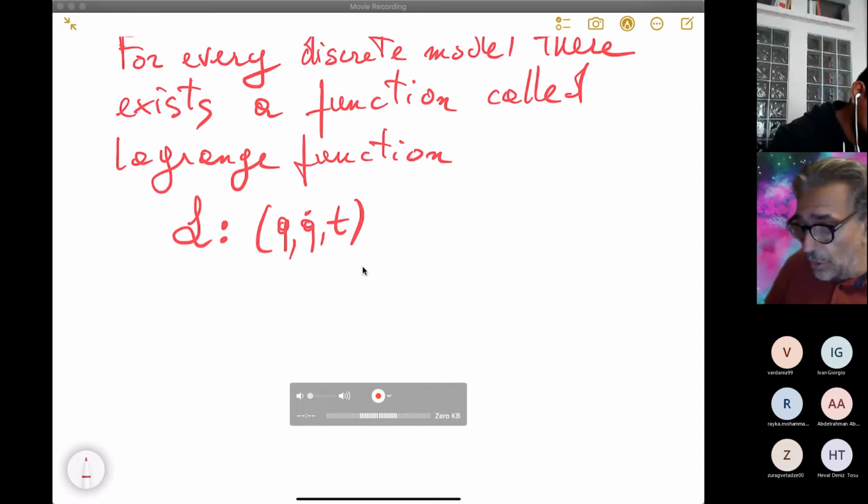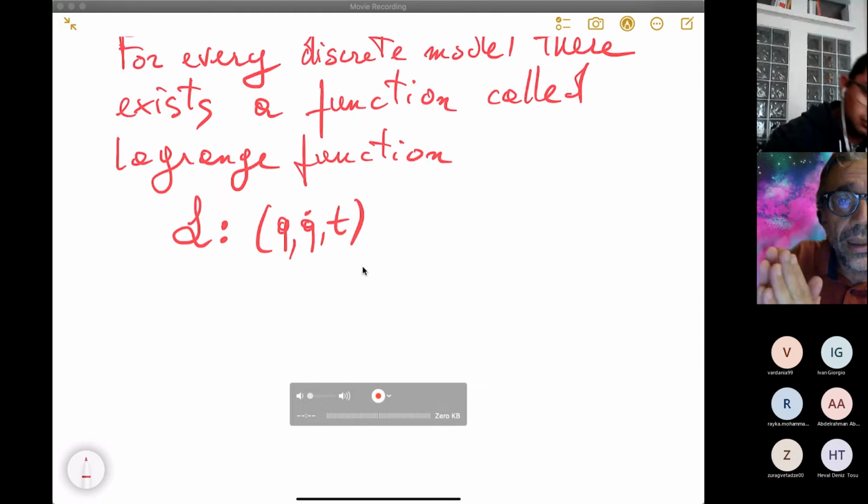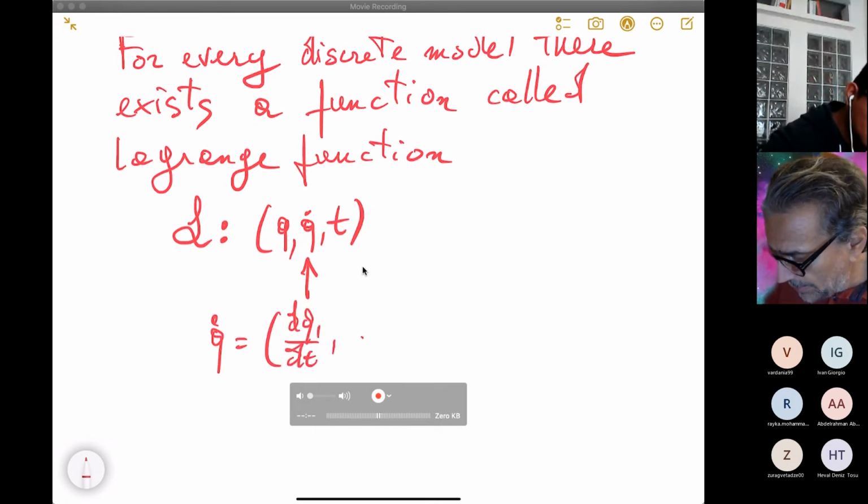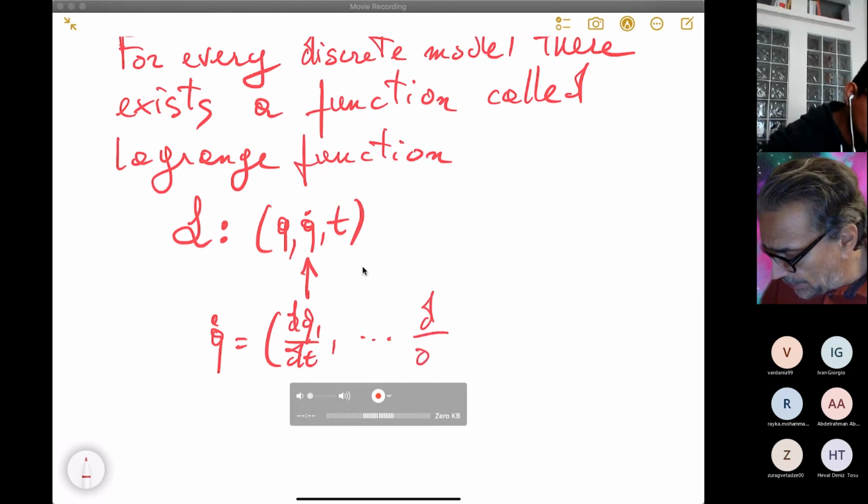So you need to know the instantaneous configuration, the instantaneous Lagrange velocity, q dot, which is nothing else than d over dt of q1, ..., d over dt of qn.